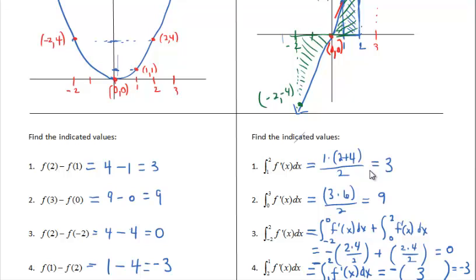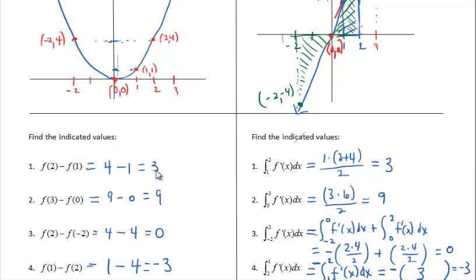Hopefully we're seeing the connection between the value of the integrals and the change in the y values on the regular graph. Let's take away from this experience why these are equal. It's not by coincidence that when you integrate a rate, this integrand being a rate, a derivative, you get back to the original function f.